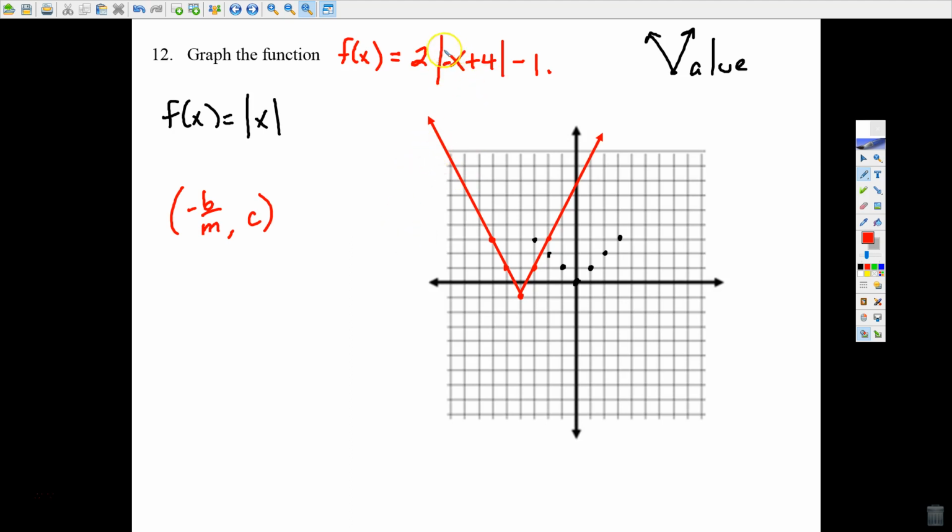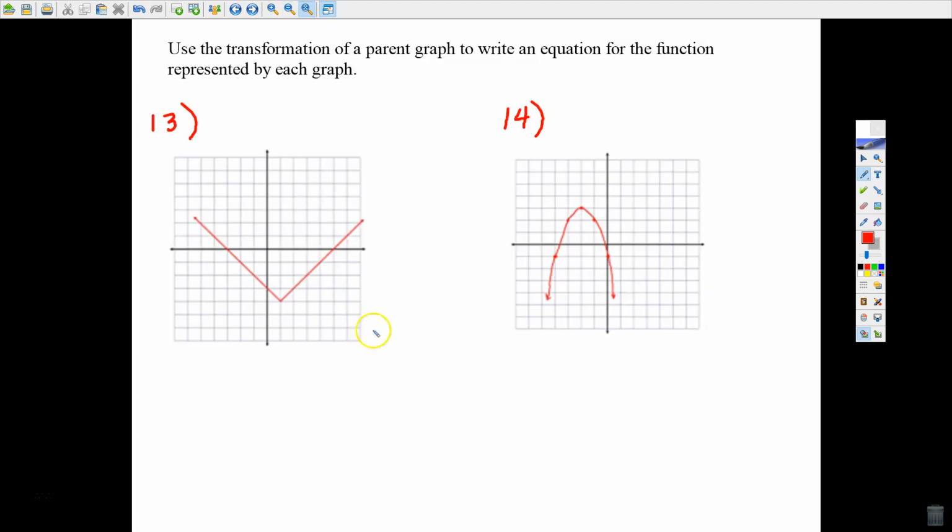So if there's any number besides 1 in front of x, you'll need to use this. You can't just go left, right, up, down. You'll have to use this to find the vertex. But coefficient of 1 means that you can just transform the original parent function. And that's your answer for number 12.